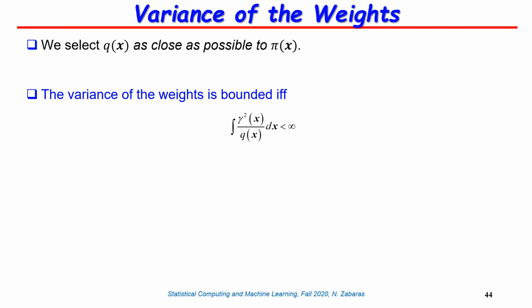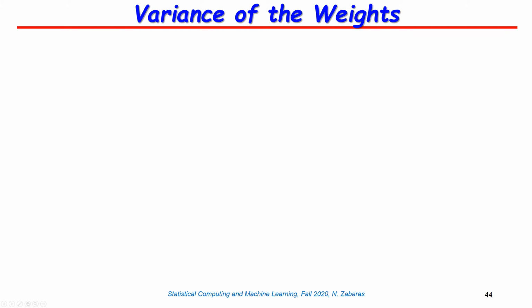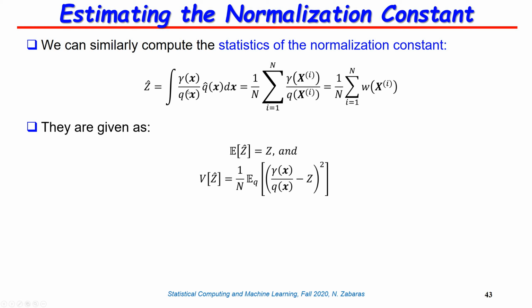Remember that the variance of the weights, if I can go back to this slide here, effectively this gamma over q are my weights. So the variance of the weights is what you see here. This is the variance of the unnormalized weights. This first term is nothing else but the expectation under q of gamma squared over q squared.